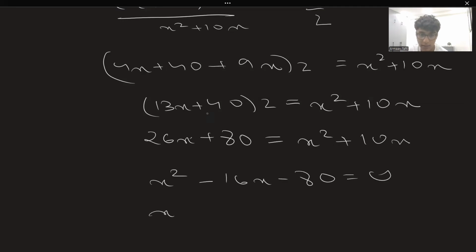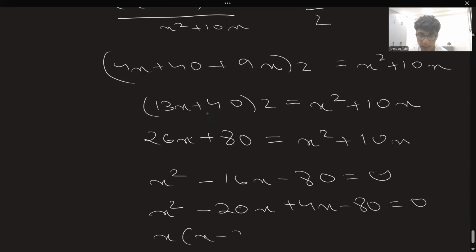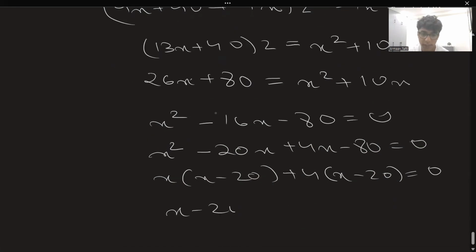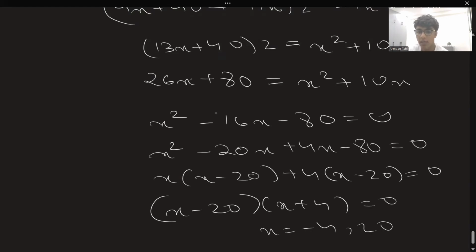And 16x, so this is x square minus 20x plus 4x minus 80 equals 0. And that's x times x minus 20 plus 4 times x minus 20 is equal to 0. So once we take out common, we have x minus 20 times x plus 4 is equal to 0. That means my x is either equal to minus 4 or 20. And once again, we can reject minus 4 because the time taken for anything cannot be negative.